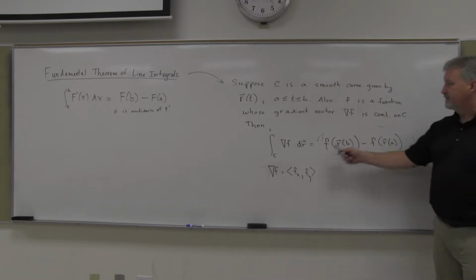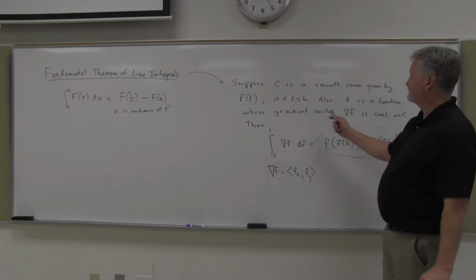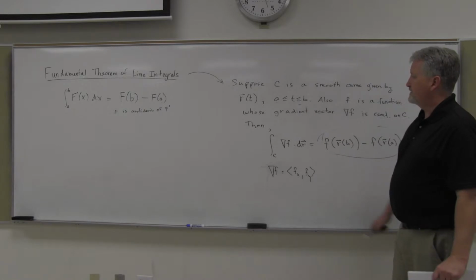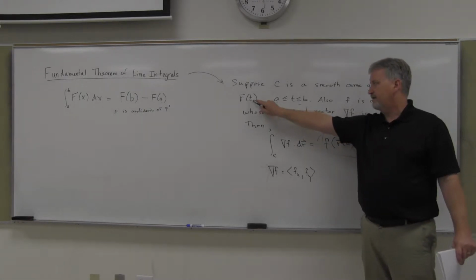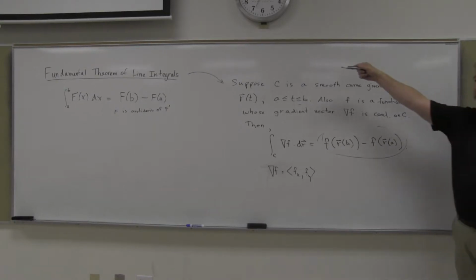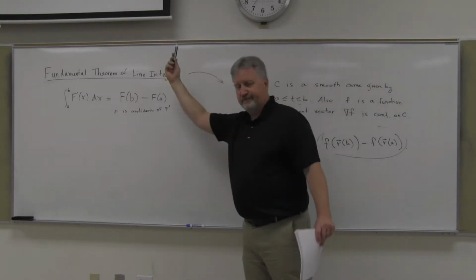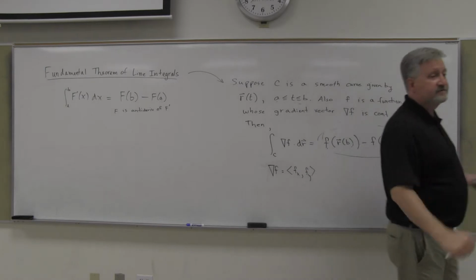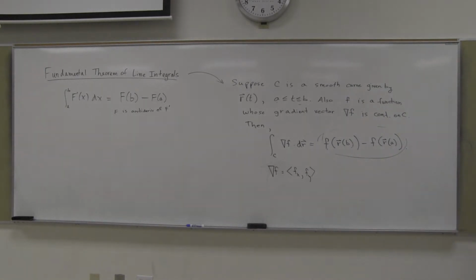In other words, plug in your endpoints into R of b and R of a, and then plug those into f. So it's essentially the same thing we're saying here. Evaluate them at the endpoints, if you will. Okay? Maybe a little more going on than the others.